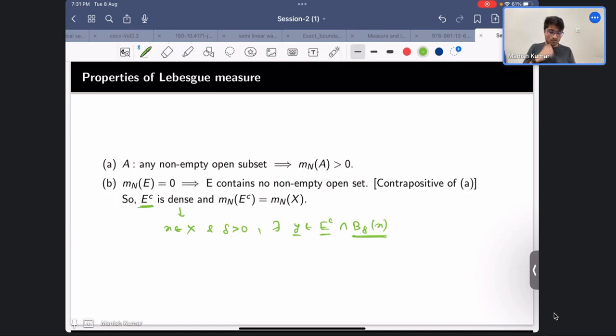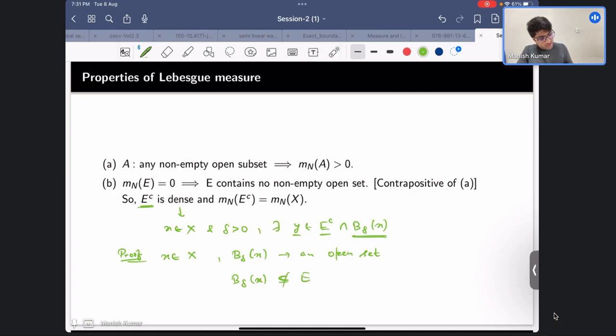So how is it true that E cannot contain any open set? Let me show the proof. If you choose x in X, then B delta X is an open set, and you know that any open set cannot be contained in E. So B delta X is not contained in E, right?